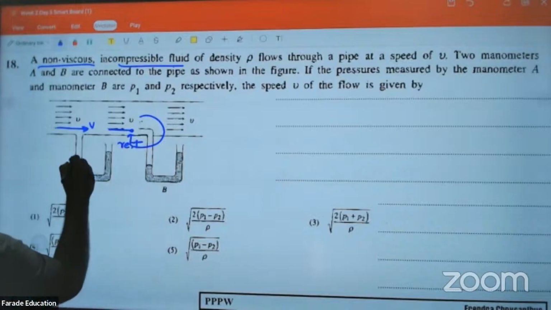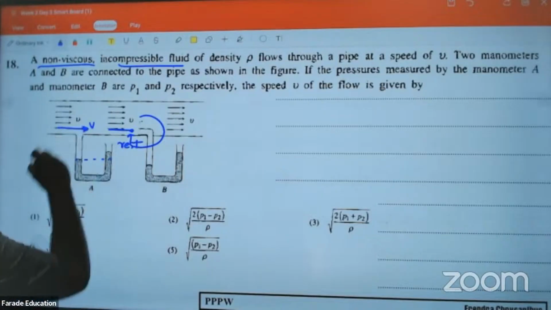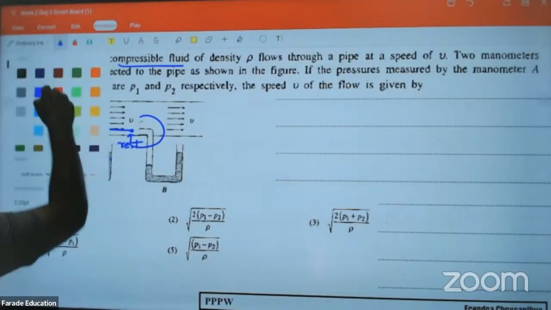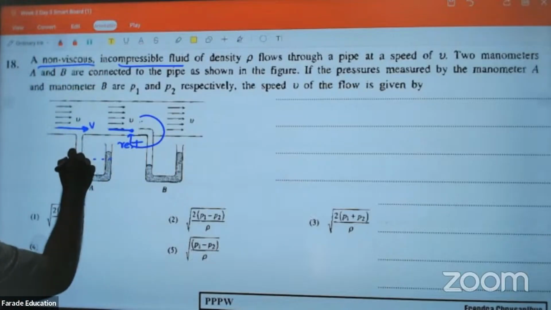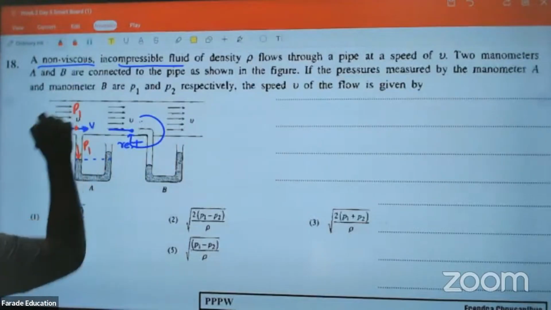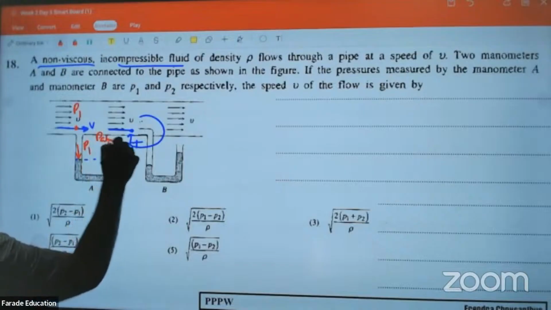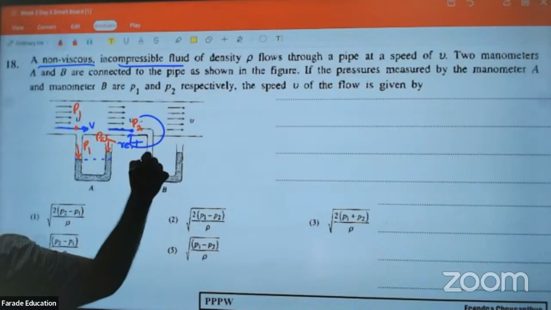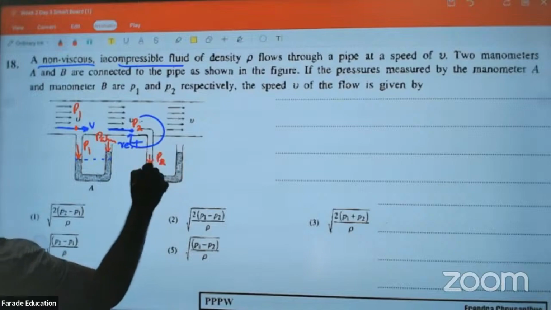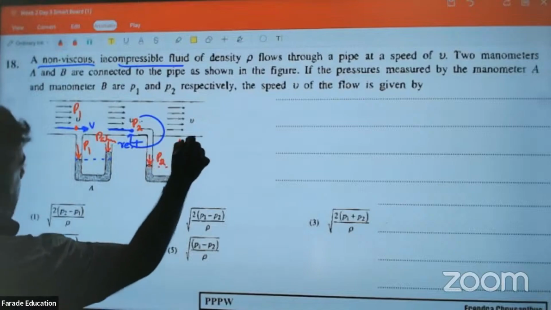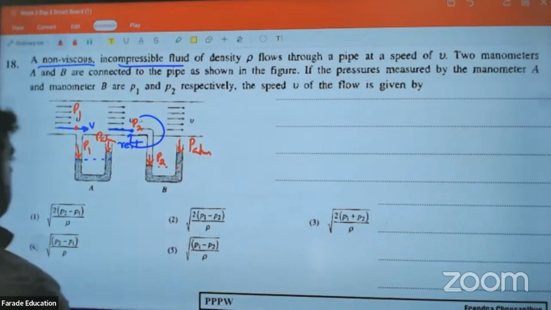So here pressure P1. Here pressure P1. Here atmospheric pressure. Here pressure P2. Here also atmospheric pressure, right?